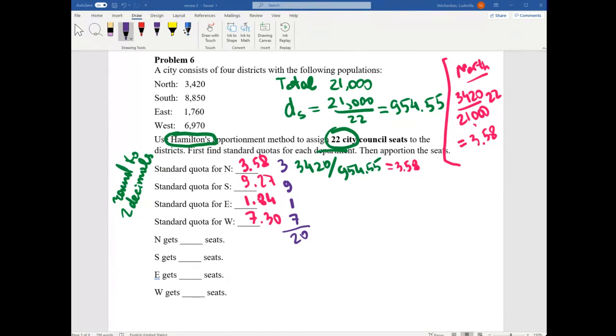The greater the decimal part, the more chances to get the new seat. If you don't know the answer, choose it randomly because I'm closing the poll soon. Please choose one of the answers. Okay.